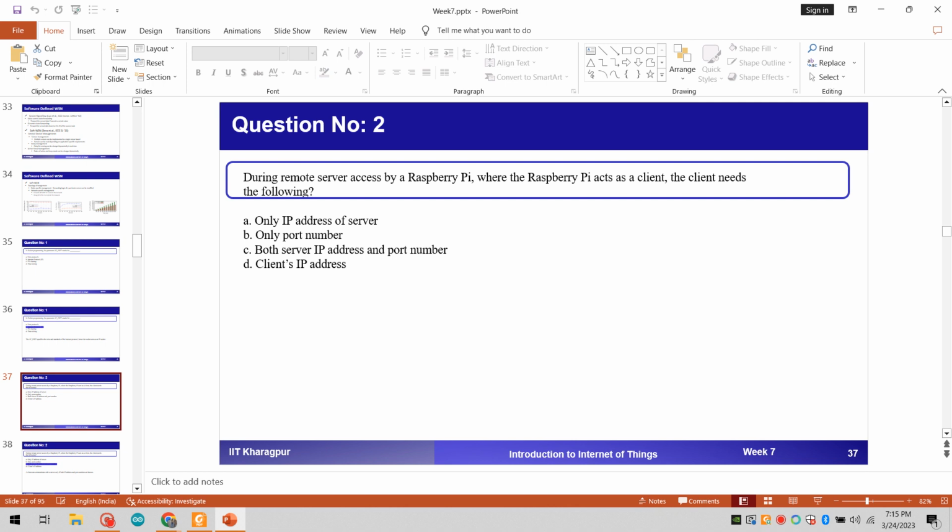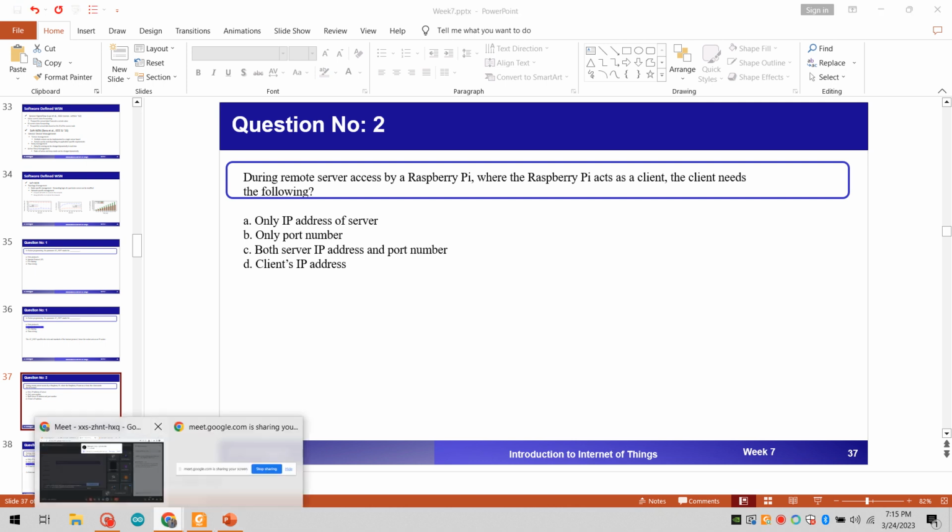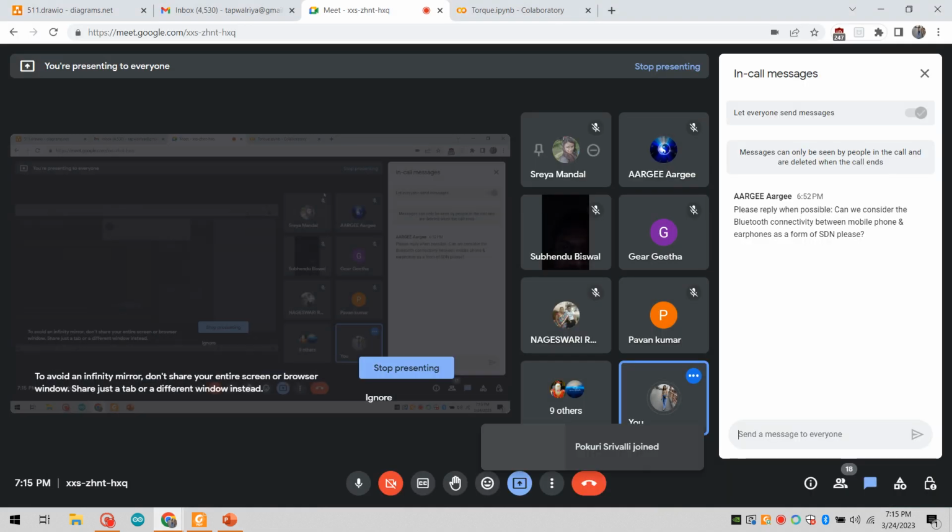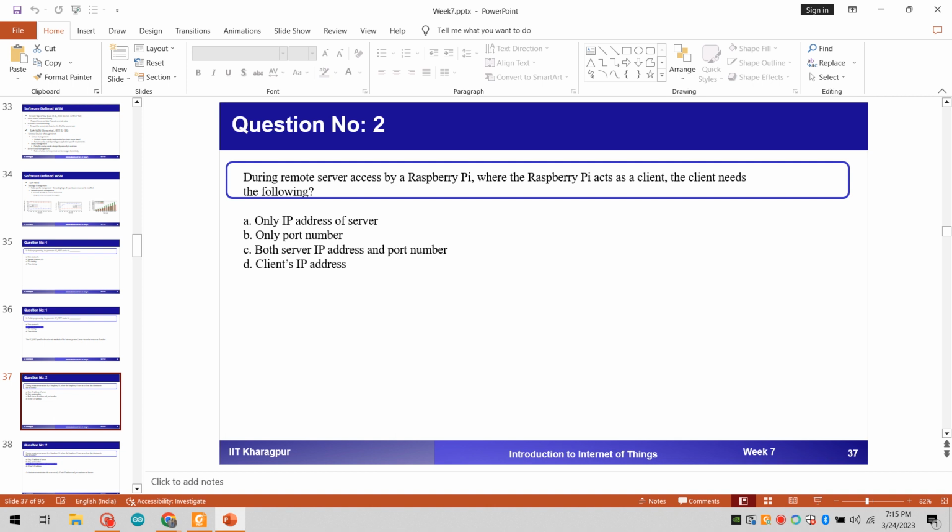Next question: during remote server access by Raspberry Pi, where the Raspberry Pi acts as a client, the client needs the following. Options are only the IP address of the server, only the port number, both IP address and port number, or D, the client's IP address.